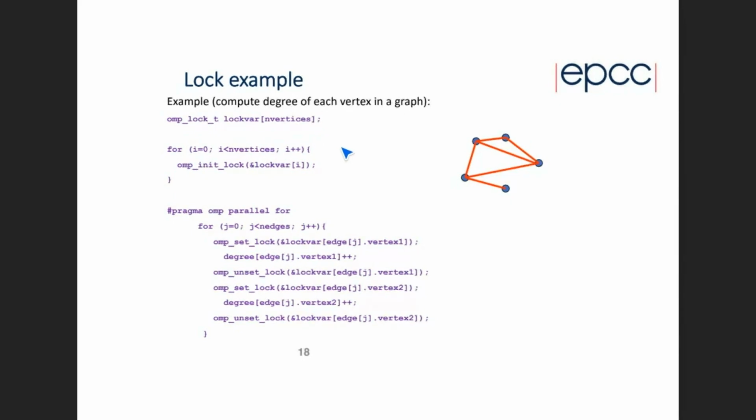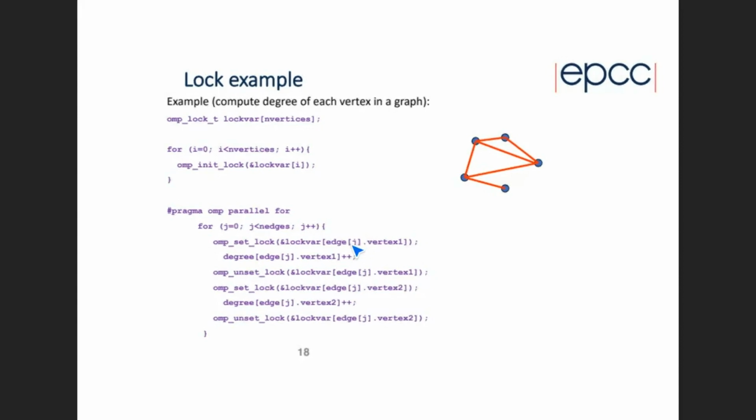So I need to initialize those locks. Here I'll have a loop over all the vertices, and for each vertex I am going to initialize its corresponding variable in the lock array. Then when I come to do the computation, every time I want to update an element in the degree array, I will set the lock in the corresponding place in the lock array.